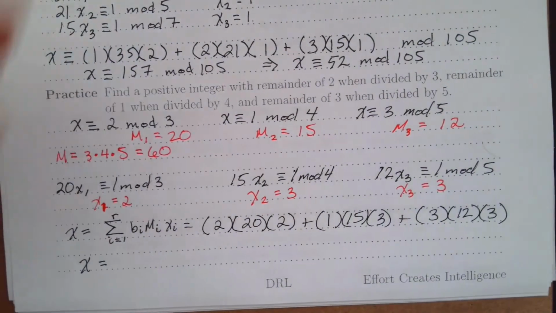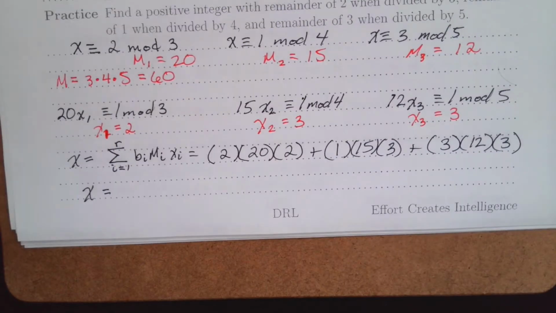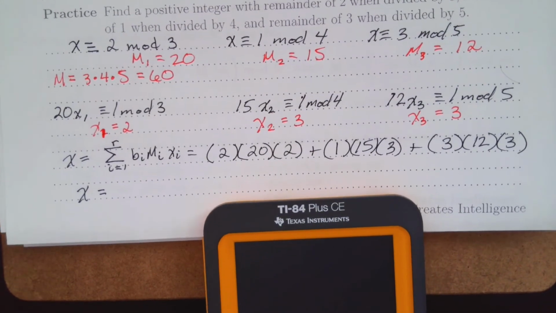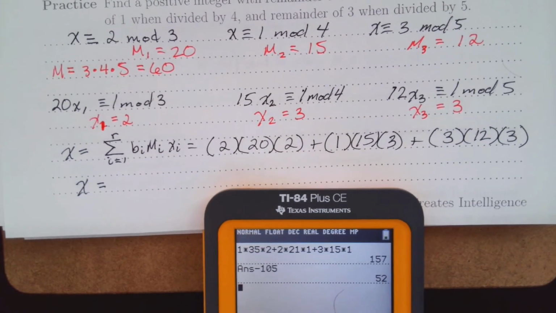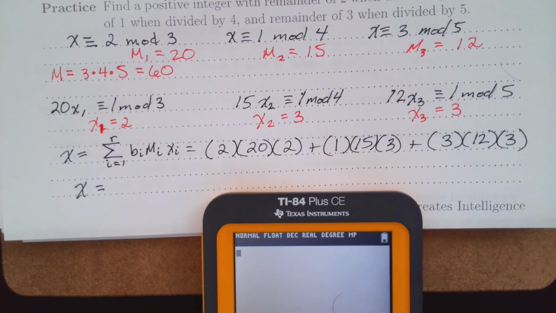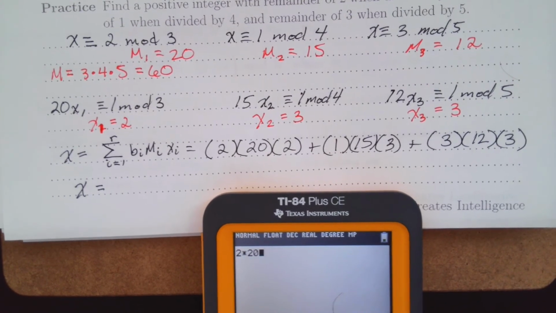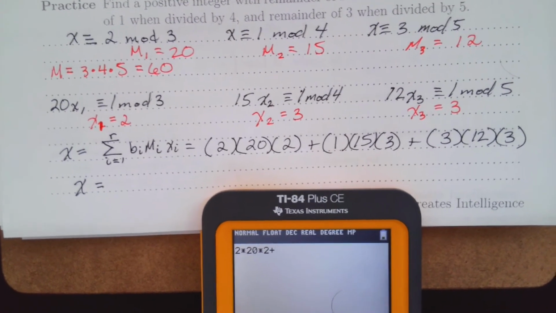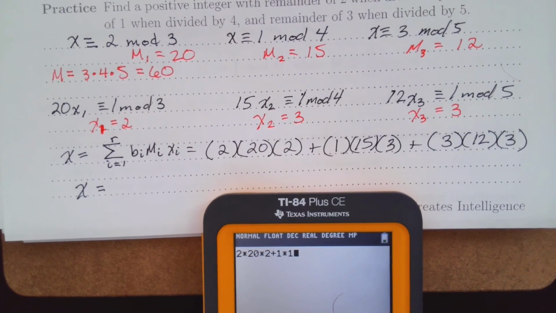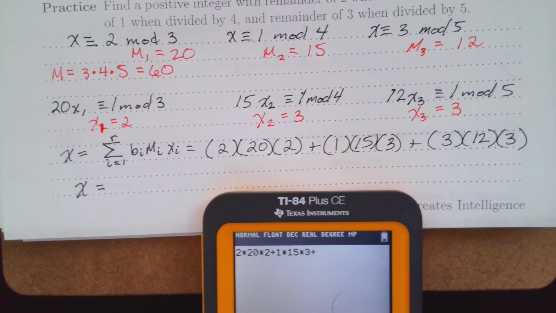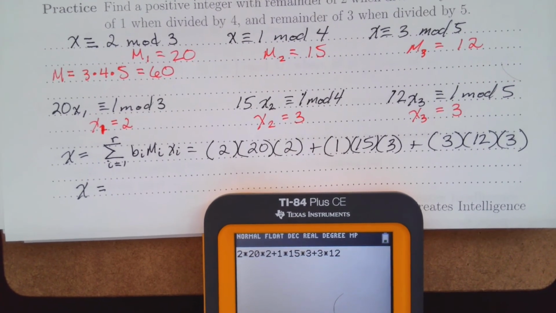So that means that my particular solution is going to be given by, well, let's come over here and check this out. If I come on with my calculator, let's clear out what we have. We have 2 times 20 times 2 plus 1 times 15 times 3 plus 3 times 12 times 3.